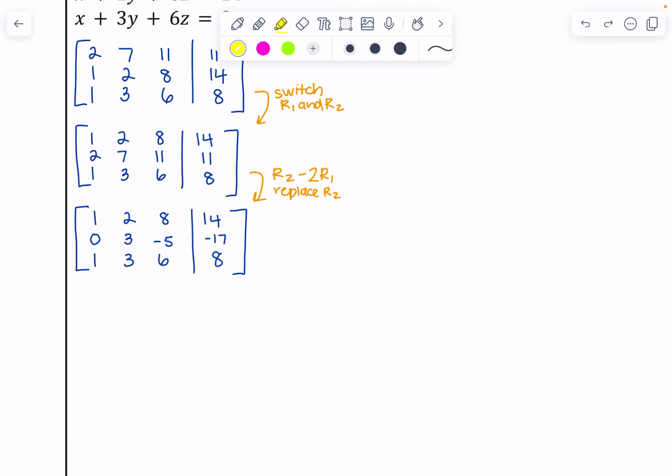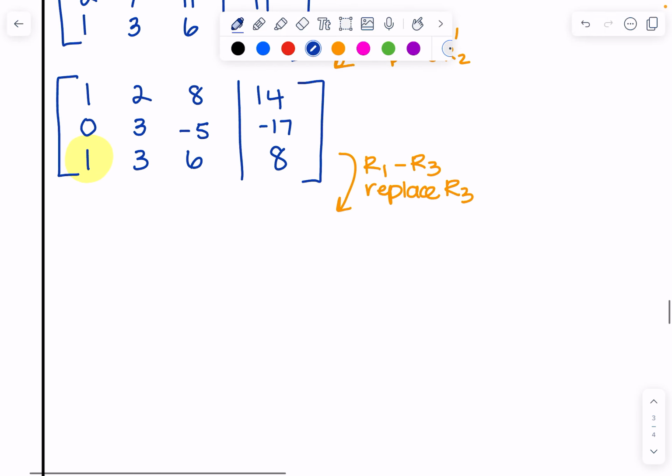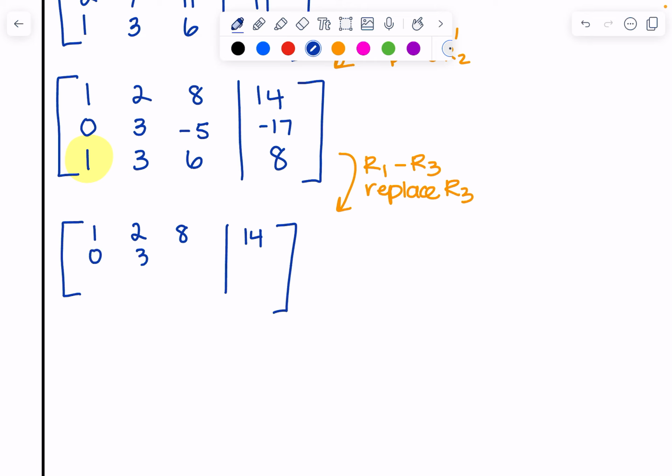Okay, great. The next thing I'm going to try to do is to get a 0 where this 1 is. And because I have 1 in row 1 and row 3, I'm going to subtract them. So from here to the next matrix, I'm going to do row 1 minus row 3, and then I'm going to replace row 3. Okay, so my new matrix would be, well, first off, I'm going to keep my first 2 rows the same. 1, 2, 8, 14. 0, 3, negative 5, negative 17.